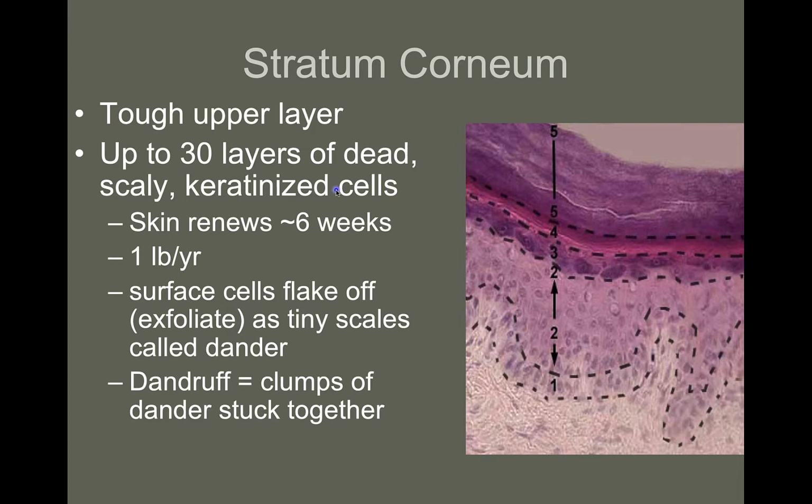And so basically you will expect to shed about a pound a year of dead skin cells that will flake off. Dandruff is your skin cells flaking off in your scalp, but they get clumped together with some of the sebum that's produced in the sebaceous glands up there.